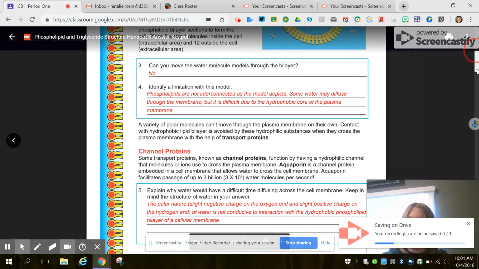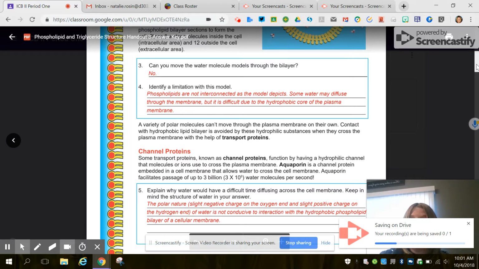All right, so transport proteins is the umbrella term for everything that happens to be moving across the phospholipid bilayer. Specifically, the one that water is going to use is a channel protein, and the specific channel protein is aquaporin.